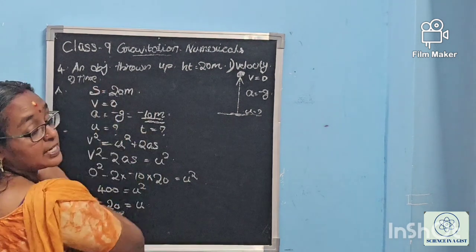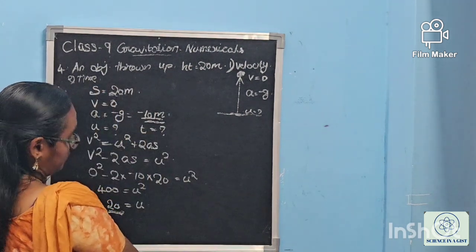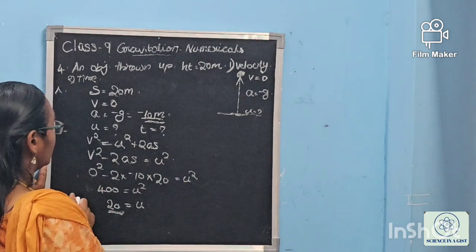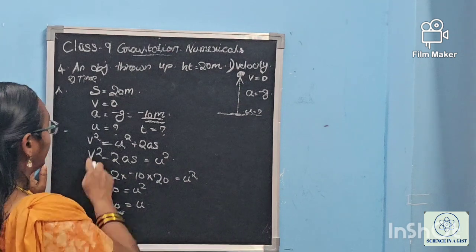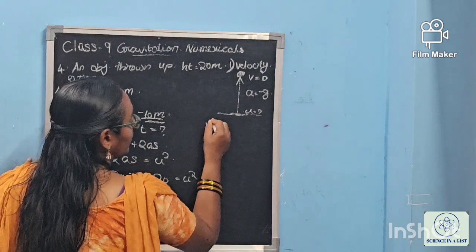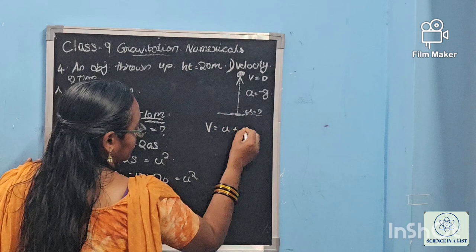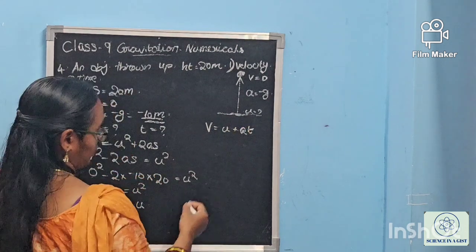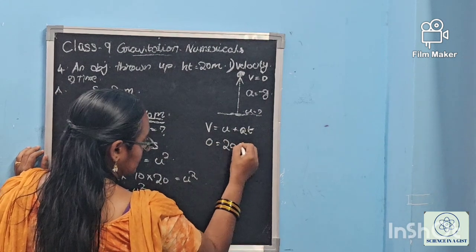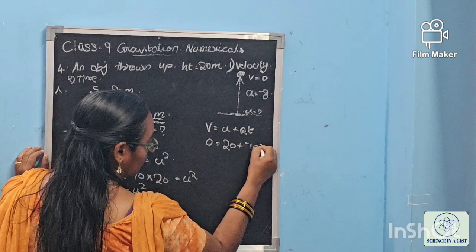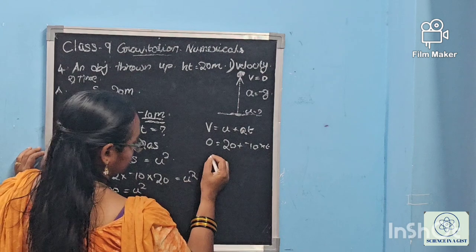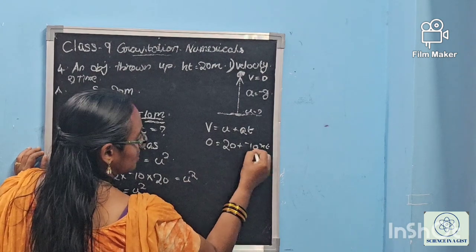Now the second question, time taken, has to be found out. How can it be found out? Because all the things are known, v is known, u is known, a is known. So we can apply v is equal to u plus at. It becomes convenient to find out. 0 is equal to 20 plus minus 10 into t. Isn't it? So it is going to this side.